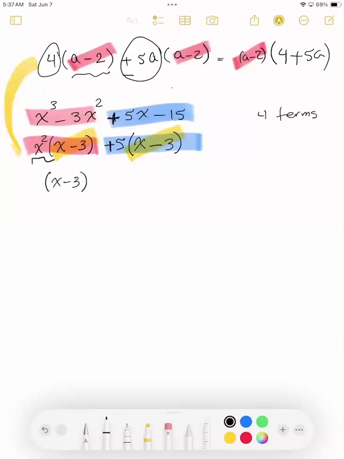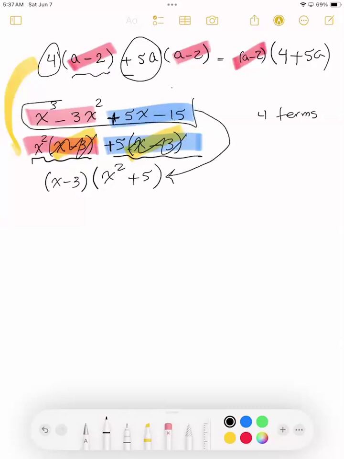The red and blue have x minus 3 in common. So I factor it out. I open up a parenthesis. If I take this out, I'm left with x to the power 2. If I take that out, I'm left with 5. So now I can write this polynomial that had 4 terms as 2 factors.